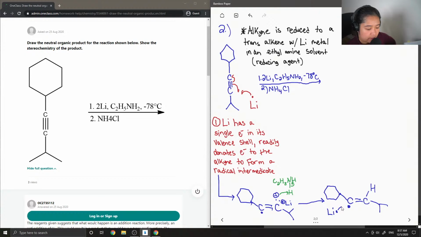Draw a single half arrow. And then our next structure has that same negatively charged carbon.